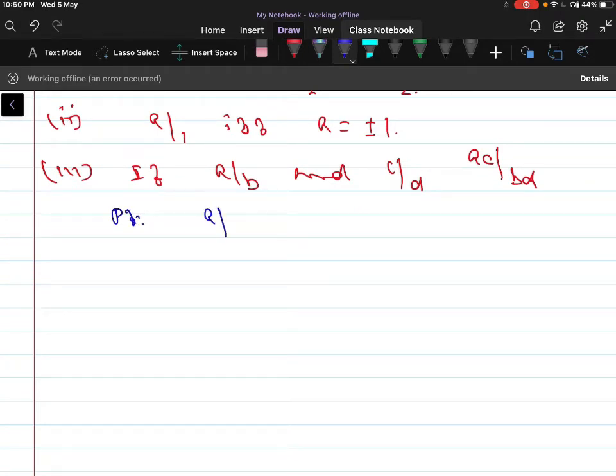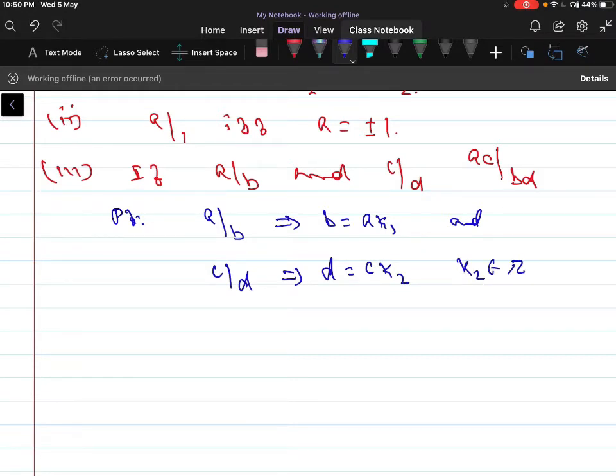Here a divides b. This implies b can be written as a into k1 for some integer k1 belonging to Z, and c divides d. So this implies d can be written as c into k2, where k2 belongs to the integers.